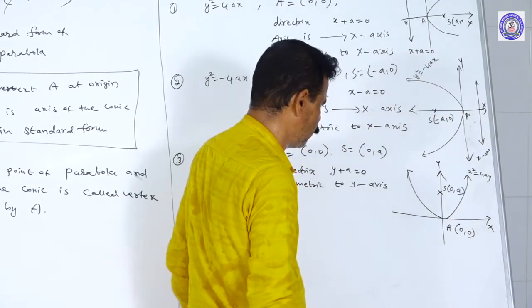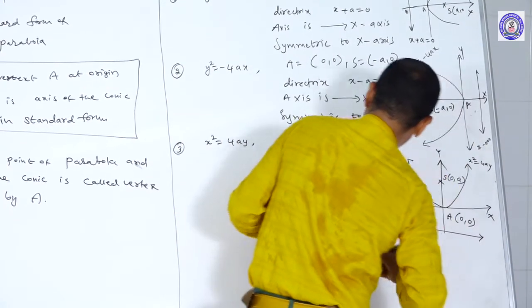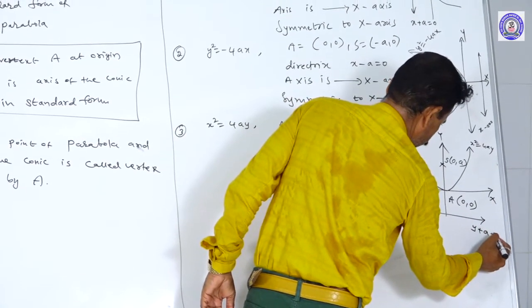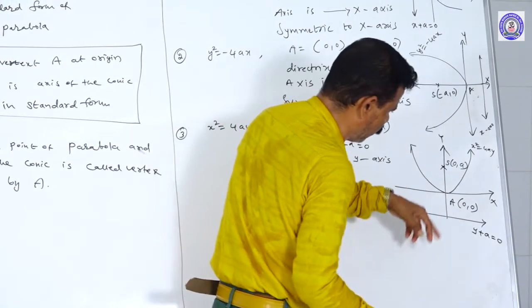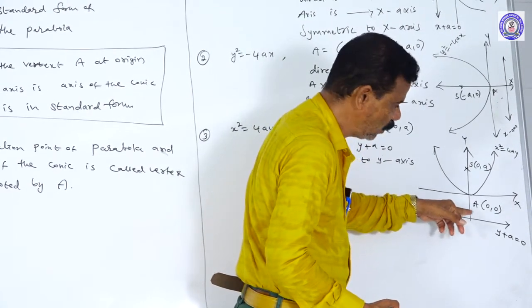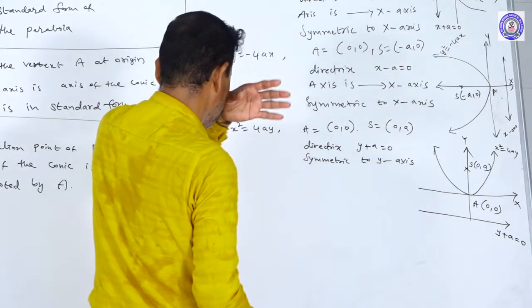The vertex is at the origin and the directrix is on the downside. This is y plus a is equal to 0, actually y is equal to minus a. This is plus a length, this is minus a length. This is the third form.